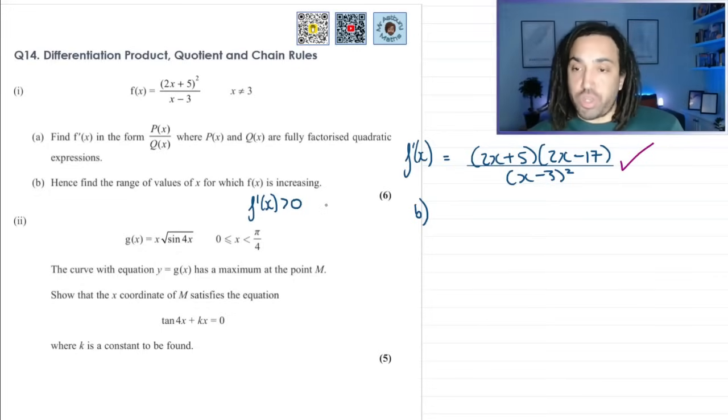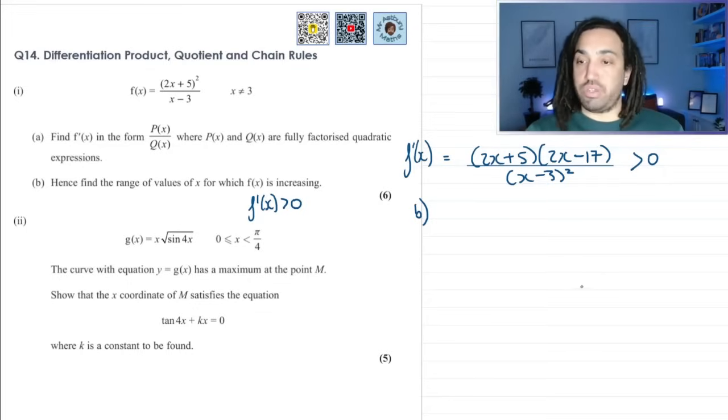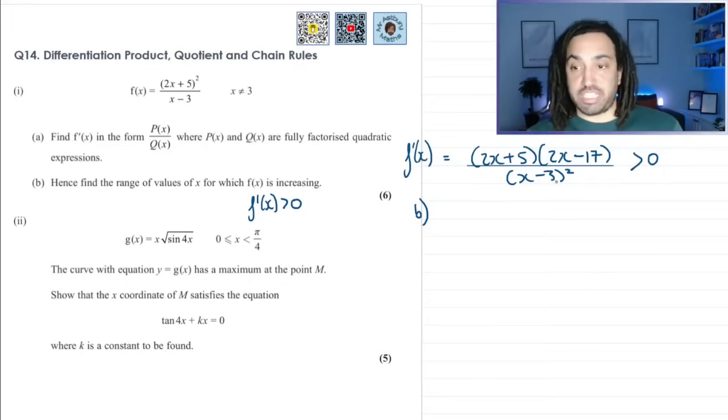Okay, so that means that we can solve this function here greater than 0. Okay, so multiplying through by this (x − 3)², which you are allowed to do because it's a square and it's always positive, so it won't flip the sign.